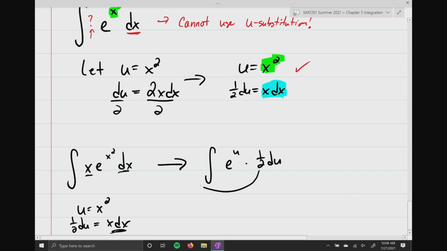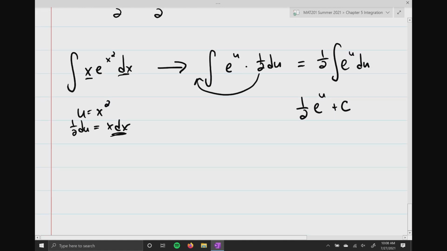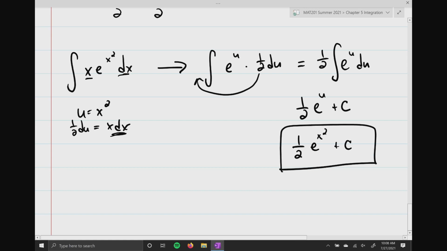I'm going to take the 1/2 and pull it out front. And now I can go ahead and integrate. So I get 1/2 e to the u plus a constant. And then since u equaled x squared from my original substitution, I get 1/2 e to the x squared plus c. All right.